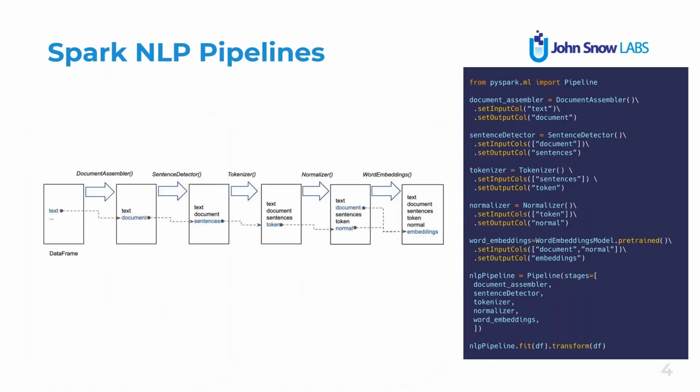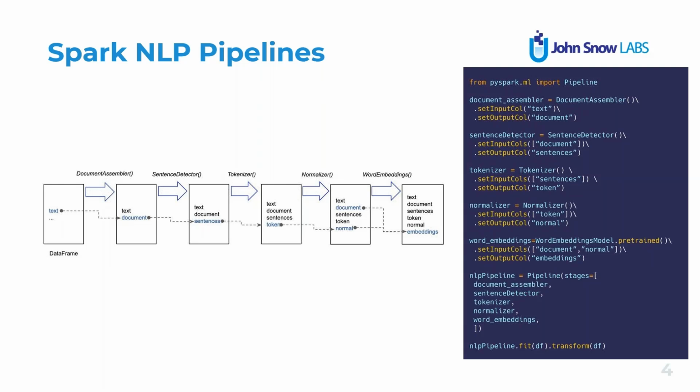So pipelines, they work in a very simple way. So you keep adding stages to the pipeline. So we usually start with a document assembler, which will create a notation object from your text. And then we can start adding as needed. So if you want to split into sentences, you can use the sentence detector.